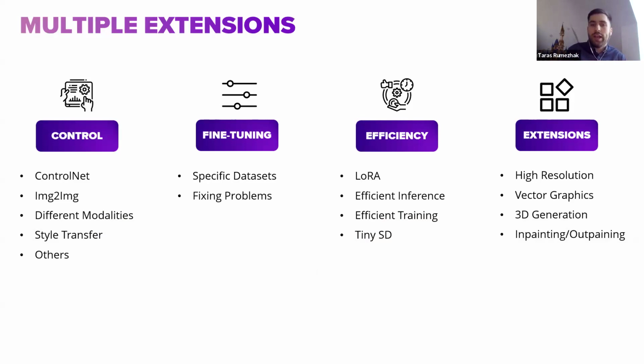For fine-tuning, we have specific datasets available. I will mention the resources for you. We have different ways of fixing problems with fine-tuning, for example, six fingers or something like this. There are a lot of developments in the efficiency of generation and training, like LoRA for training, efficient inference, efficient training, TinySD.